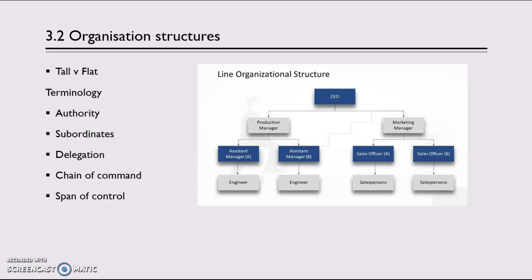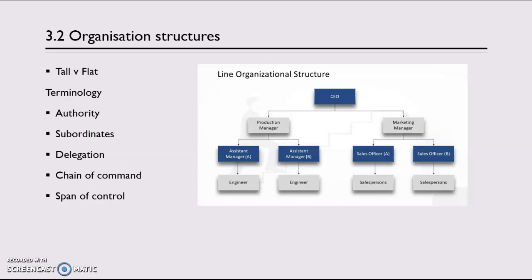Span of control is normally quoted as a number, and it's the number of people you are in control of. So actually, the CEO has a span of control of 2. The production manager and the marketing manager also have a span of control of 2. It looks like the assistant managers might only have 1 engineer underneath them, so that would be a span of control of 1.